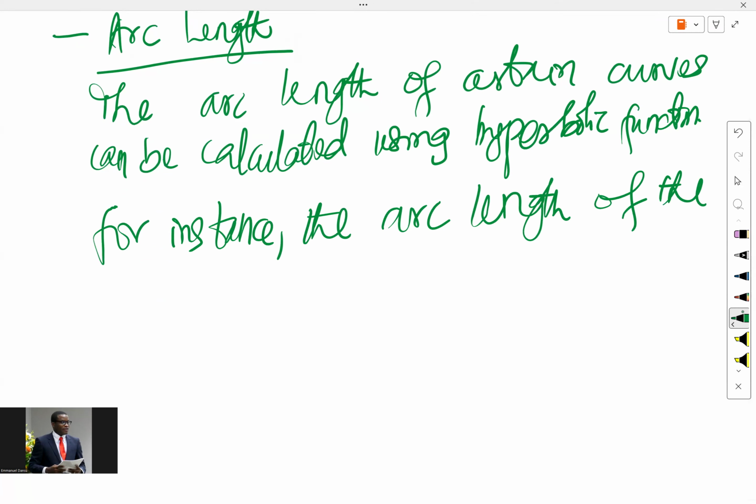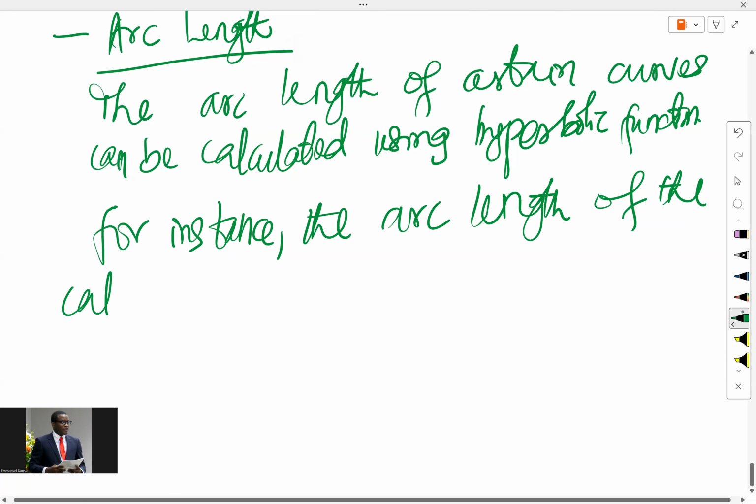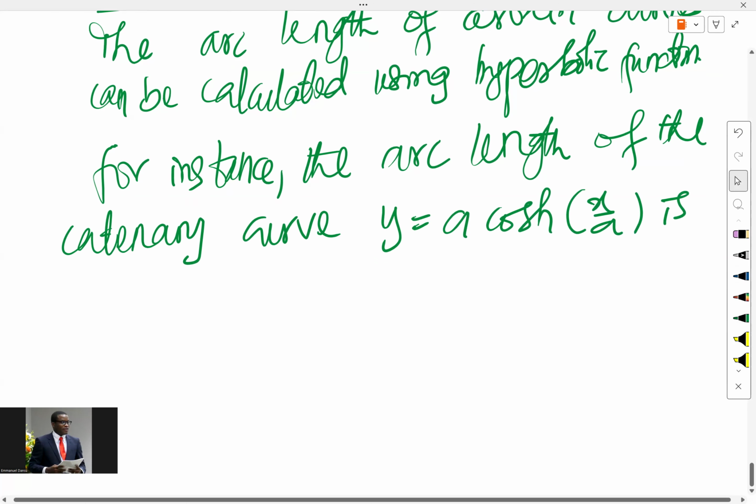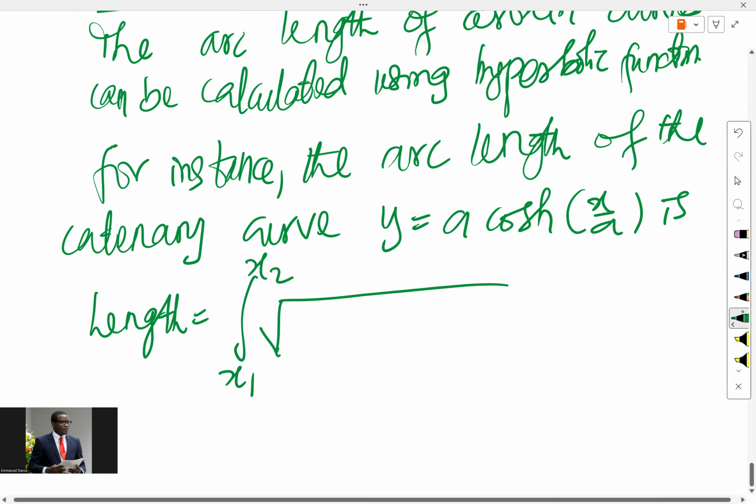So for instance, the arc length of the catenary curve y equals a cosh x over a is: length equals the integral from x1 to x2 of the square root of 1 plus sinh squared x over a, all that dx.